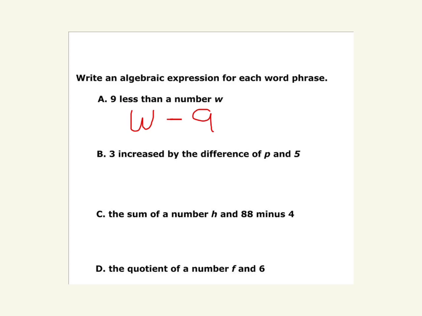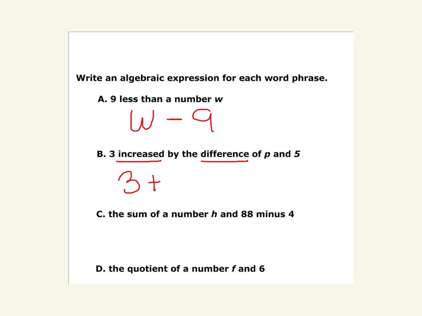Letter B says 3 increased by the difference of p and 5. Now, if you look at this, I notice I have the word increased and also the word difference. So I'm going to have 2 different operations in this example. I'm going to have 3 increased, meaning 3 plus the difference of p and 5.